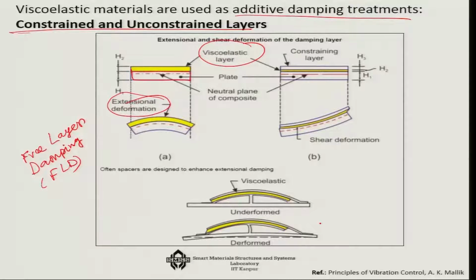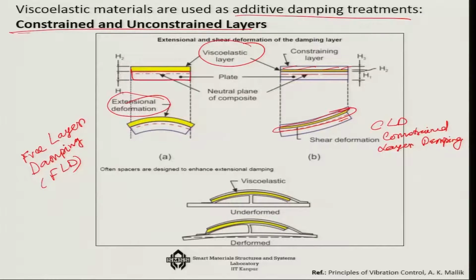On the other hand, if you put a constraining layer on top of the viscoelastic material, then there will be unequal shear between the two layers, and that will create a lot of shear in the viscoelastic material. That is known as CLD, or constrained layer damping. One can actually show that in most cases constrained layer damping works better than free layer damping.